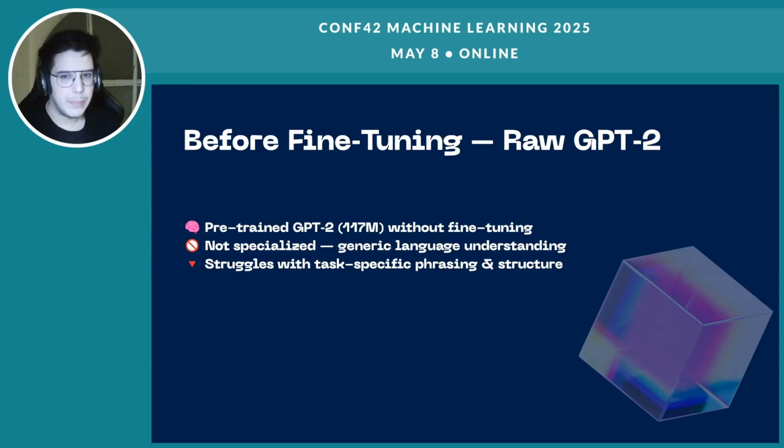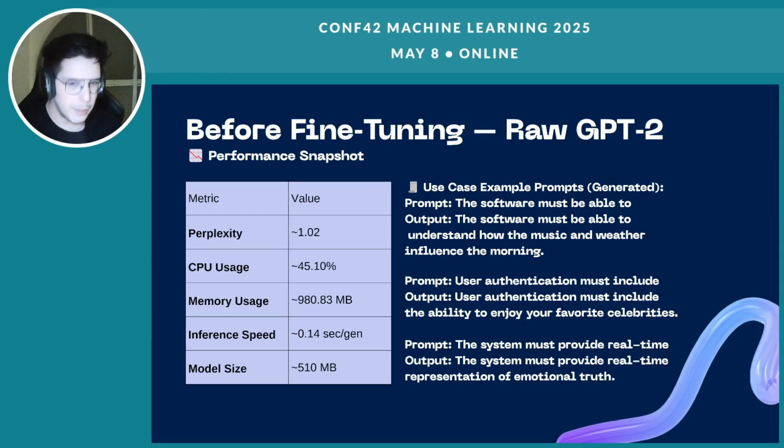So let's start. But before we start, we need to get the basic benchmark of the base raw GPT-2. It's pre-trained and non-specialized, and it will struggle with any task-specific structure. There are some metrics on the left that we specified before: perplexity, CPU usage, memory usage, inference speed, and model size.